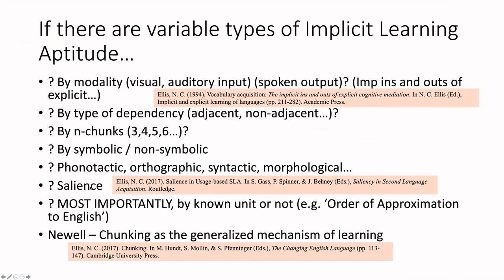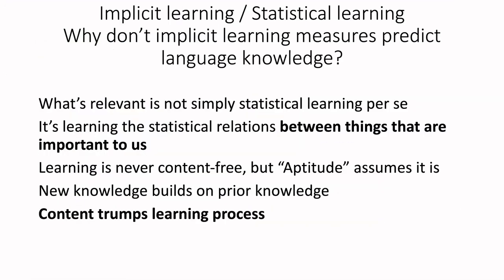Are they dependent on the saliency of the material to be learned? I believe so. I believe, for me, the most important take-home message here is that what's relevant is not statistical learning per se, it's statistical learning of things that are important to us.